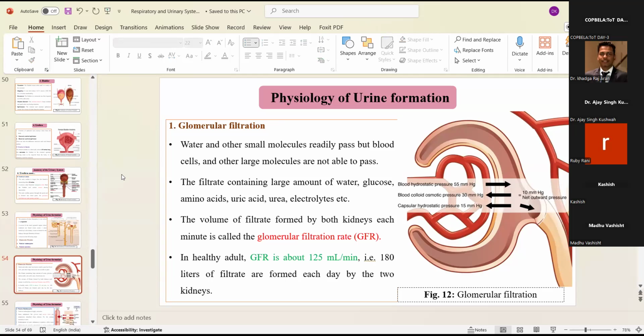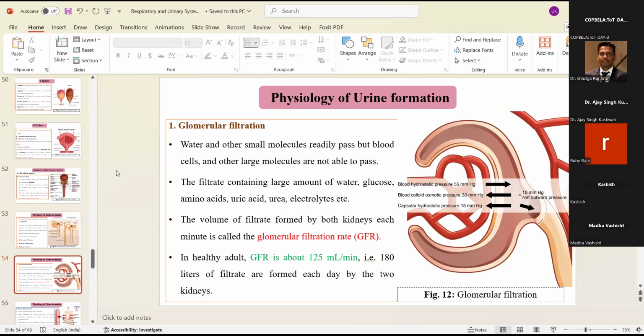The volume of filtrate formed by both kidneys is known as the glomerular filtration rate, GFR. So this is important for 2 marks. What is GFR? The GFR is the volume of filtrate formed by both kidneys in each minute.